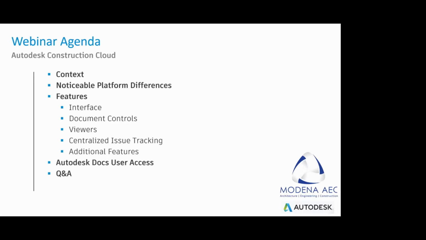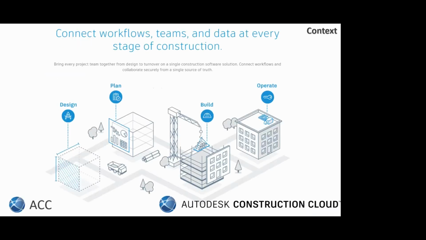So a bit of context. We connect workflows, teams, and data at every stage of construction. Bring every project team together from design to turnover on a single construction software platform. So everything we do, whether it is in design, whether we are planning, whether we have phased into construction, or we are operating the building, this all comes with immense amount of data.